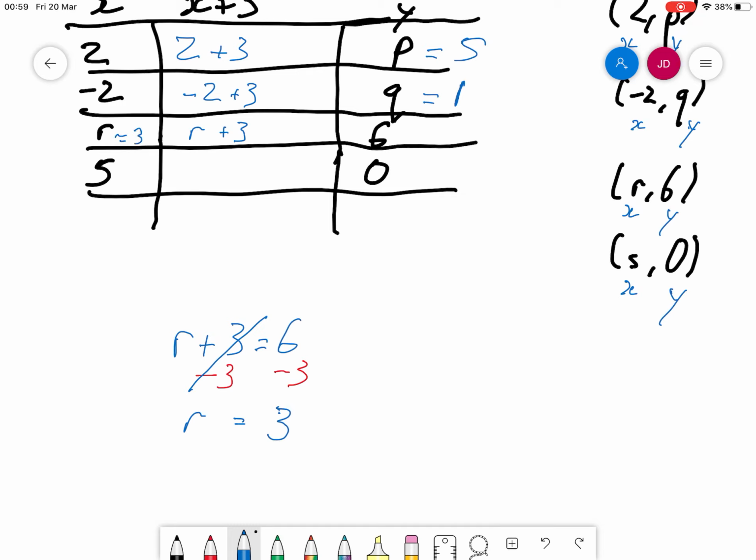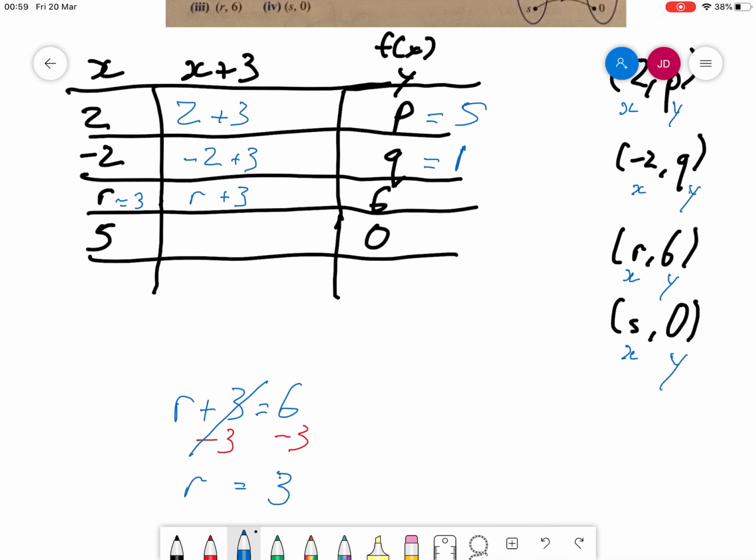Now my next example, I have s as my input, so I sub that into my formula, so that becomes s. My s's are absolutely horrible. Let's try that again and make it not look like a 5. My s, there we go, plus 3 is equal to 0. So again, let me work this out algebraically. I know s plus 3 is equal to 0.